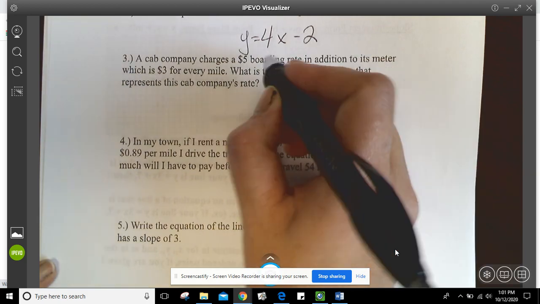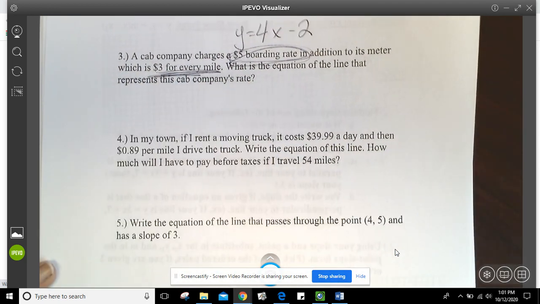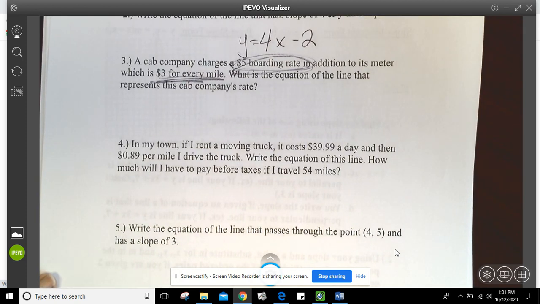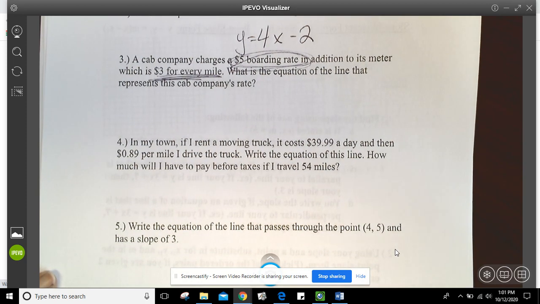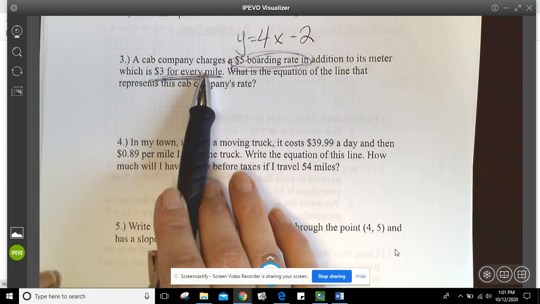They are charging you $5 for boarding and then $3 for every mile. So you have to decide which one is the slope. The slope is the one that is going to be increasing. So if you're in this cab, which number is the one that you're being charged per or for every something? If you notice here, it's $3 for every mile.